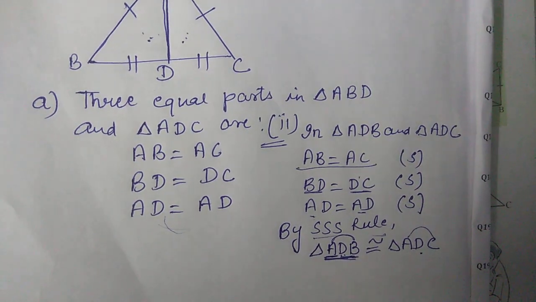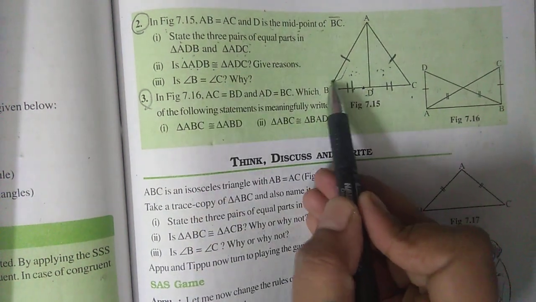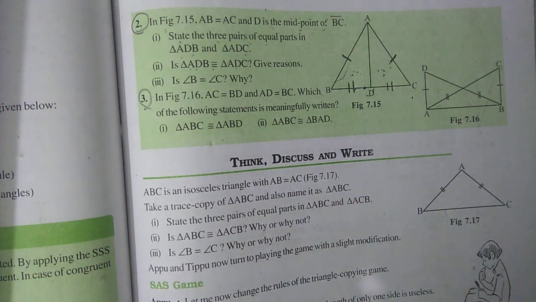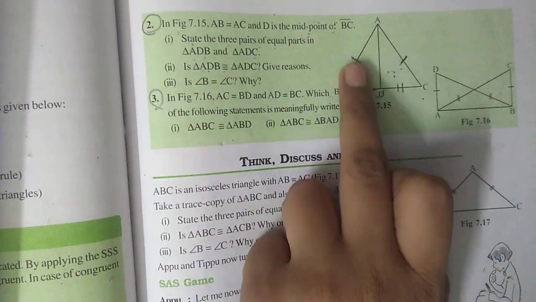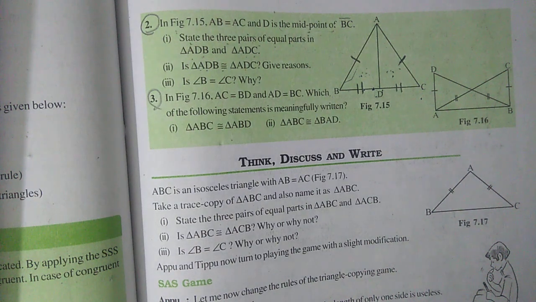Now the third part is: angle B is equal to angle C. Now listen to one thing. We have already proved that the triangles are congruent, so all the corresponding angles are equal.